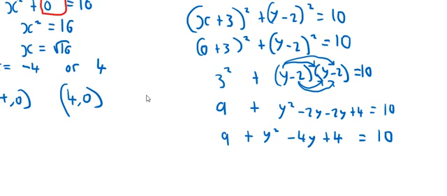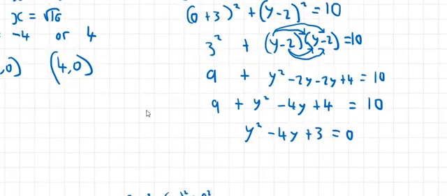9 plus 4 would be 13, and then if I bring across the 10 to the other side, or subtract 10 from both sides, I get 3. So y² - 4y + 3 = 0.